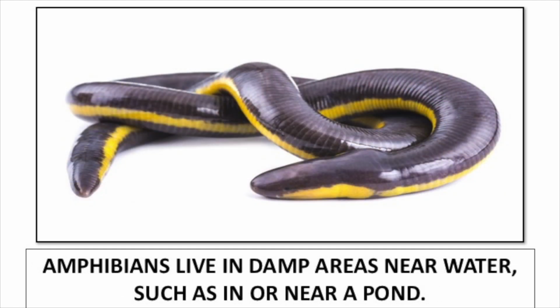Amphibians live in damp areas near water, such as in or near a pond. Yes, if you go to your local pond, you're going to see frogs, salamanders, and worms like this. And these are all examples of amphibians. Can go in water and can come out. That's an amphibian.